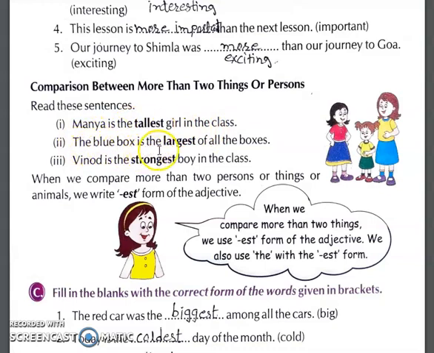The blue box is the largest of all the boxes. मतलब ये जो है सेंटेंस उसमें सिर्फ दो बॉक्स के बारे में नहीं लिखा है, पर बहुत सारे बॉक्सेस है, उसमें जो ब्लू कलर का बॉक्स है वो सबसे बड़ा है. That is why here it is written largest. Vinod is the strongest boy in the class. So पूरे क्लास के जितने भी बॉय है, जितने भी बॉयज है, उसमें विनोद सबसे स्ट्रॉन्ग है, इसीलिए यहाँ पे लिखा है स्ट्रॉन्गेस्ट.